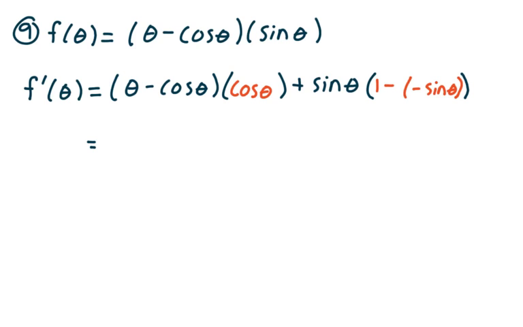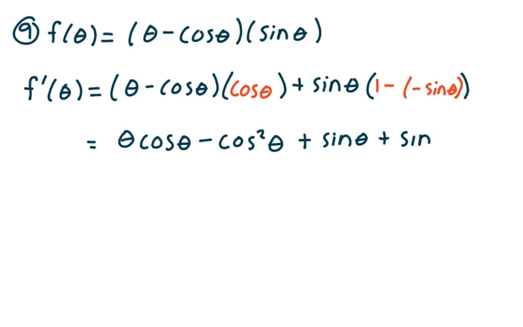So this is theta cosine theta minus cosine squared theta plus sine theta plus sine squared theta. And so f prime of theta is theta cosine theta plus sine theta.